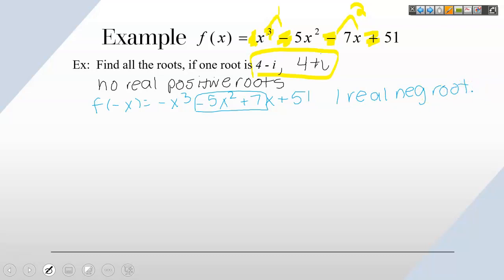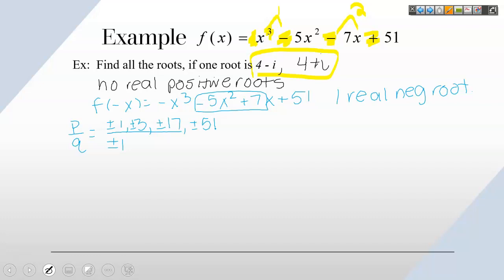Using our P divides Q, I need factors of 51 over factors of 1. So 51 divided by 1, 51 divided by 3, and 17 and 51.